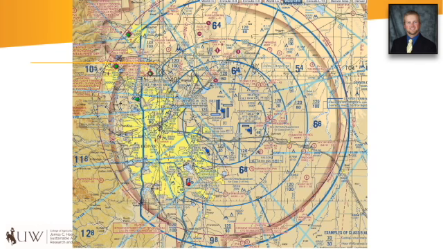I think it is a very good idea to get the remote pilot certification, and this is one reason why. This is an aeronautical map of the city of Denver, and all these lines, numbers, colors, dots are reasons why. There are a lot of things going on in our world, especially in the aviation world, that we may not even be aware of.